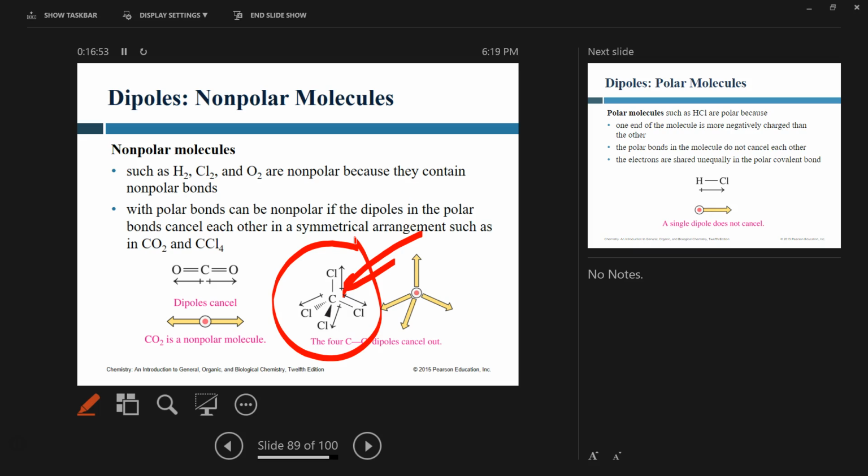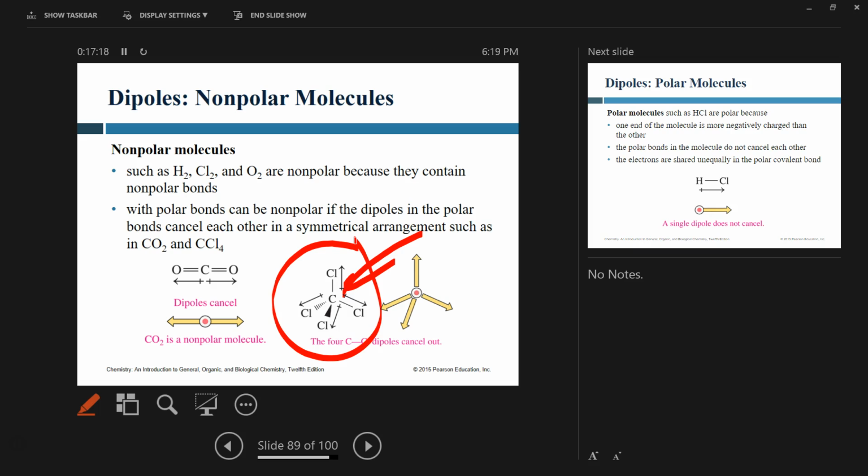Now, why do we play with such an apparently deeply theoretical idea as the shape of the molecule? What kind of practical information can we get by knowing the shape of the molecule?